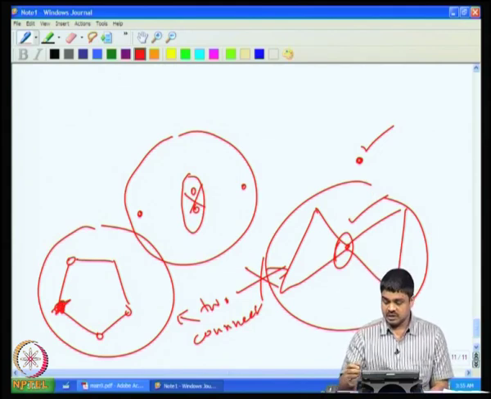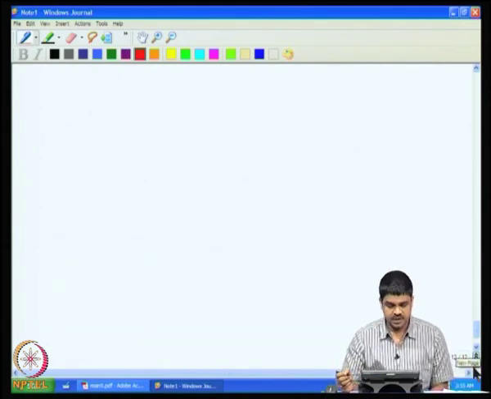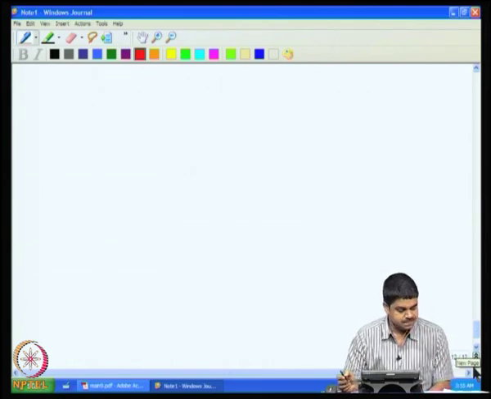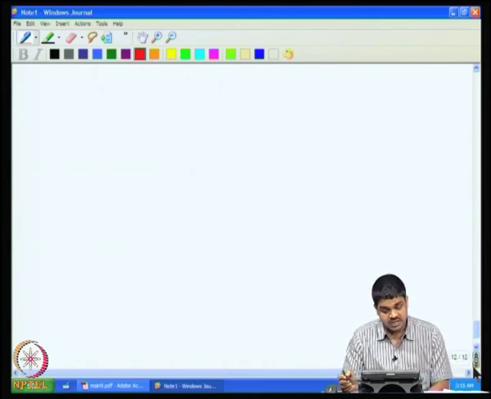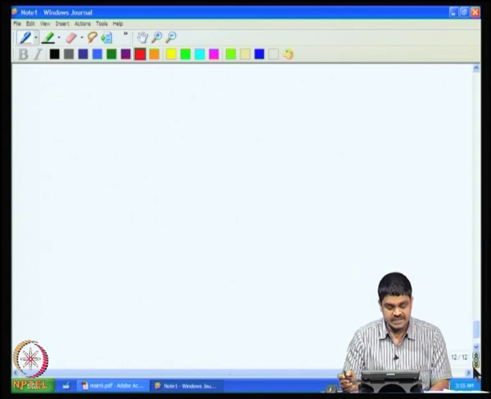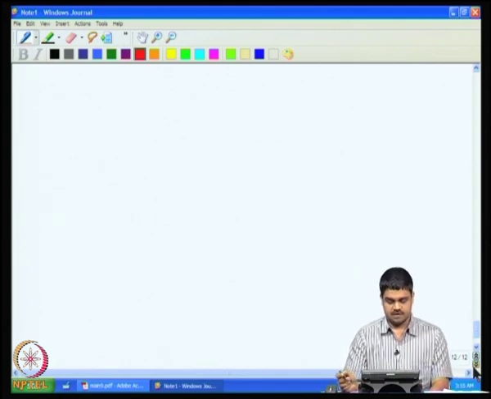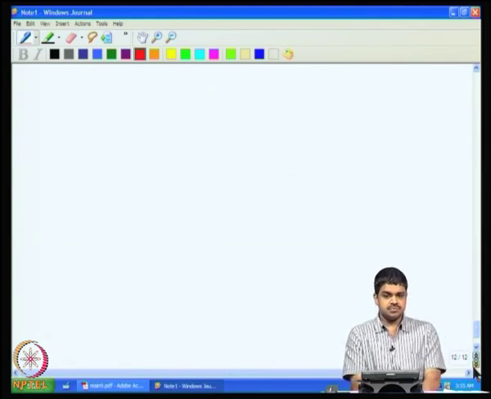These graphs have an interesting way to construct a two connected graph. What do you do?